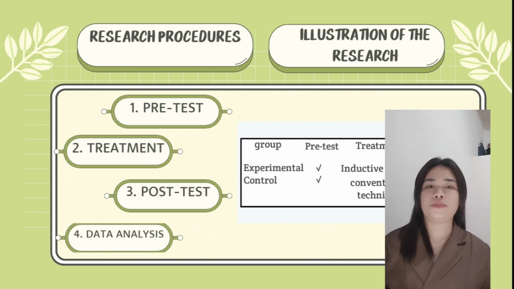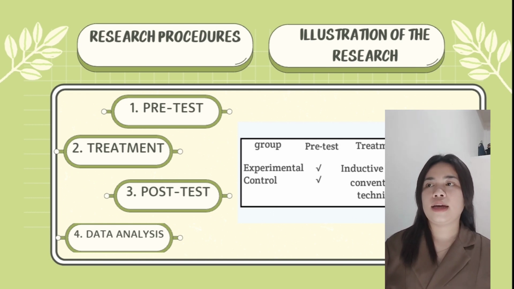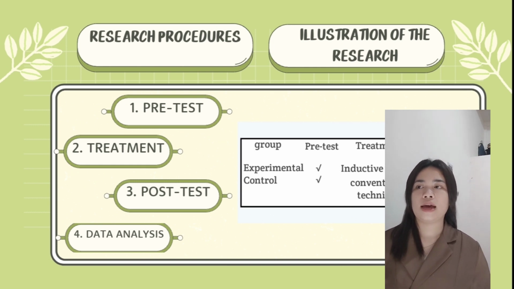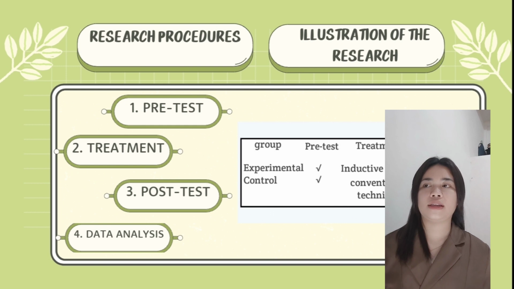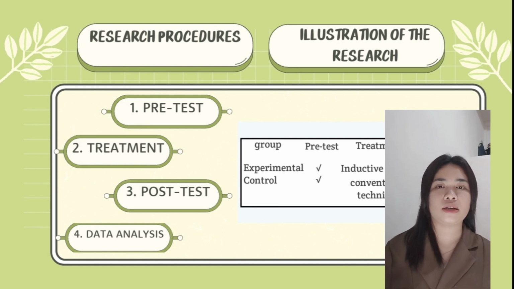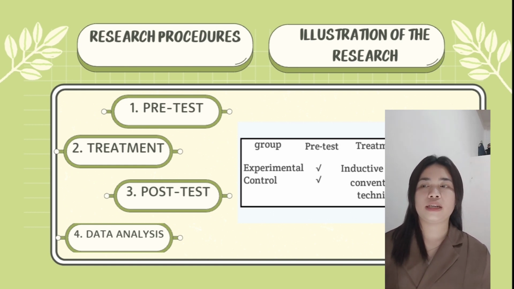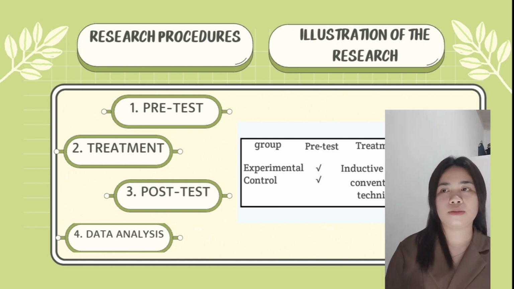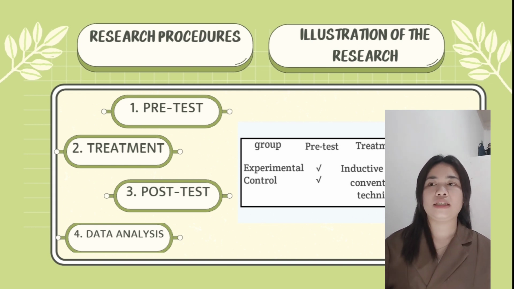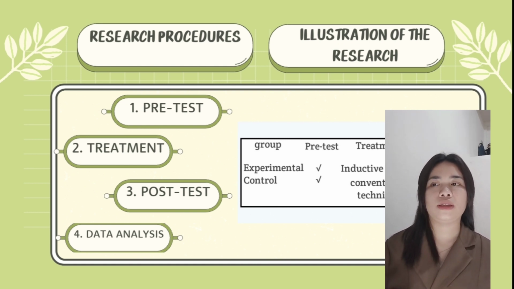Next is research procedure. The first is the pre-test. This test will be carried out before treatment. The experimental class and the control class will be given a test about simple present continuous to measure student achievement before treatment. And the second procedure is treatment. In the experimental group, the researcher will apply the inductive method in the learning process with the instrument.